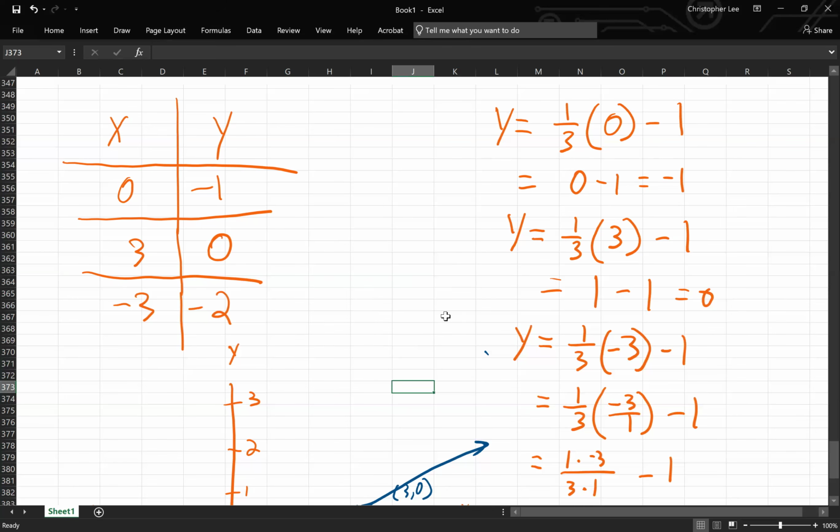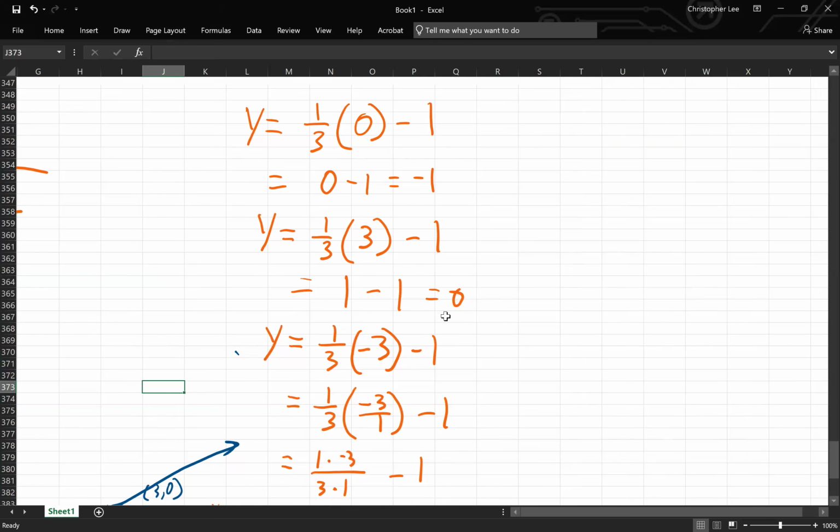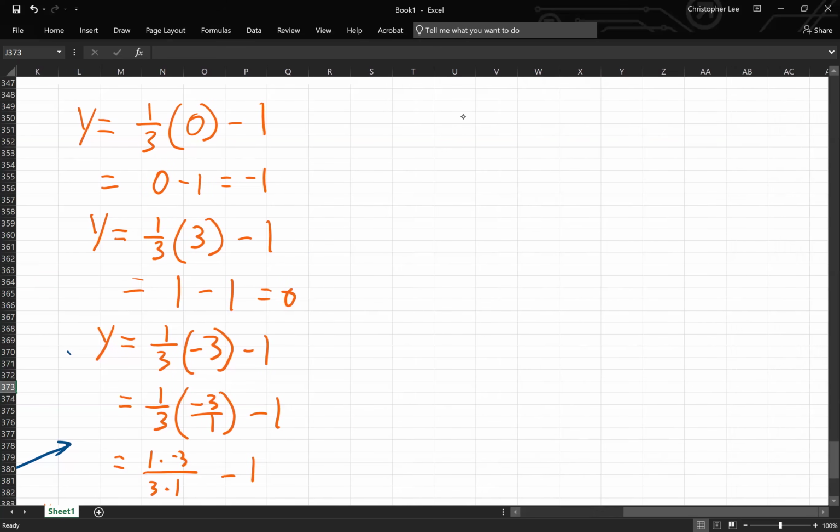Nine? So let's look. So I have y is equal to 1/3 times 3 minus 1, right? So anytime you have a whole number, to make it a fraction, you put it over 1, right? So this is going to become 1/3 times 3 over 1 minus 1.